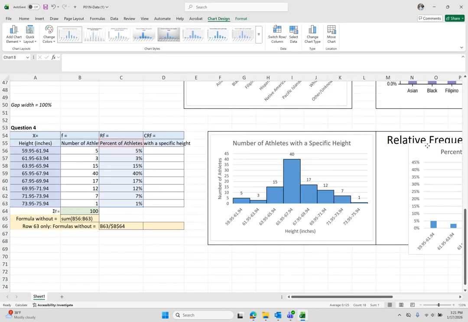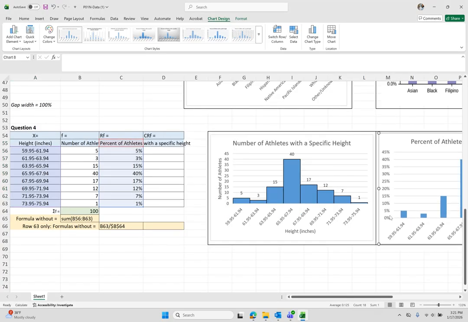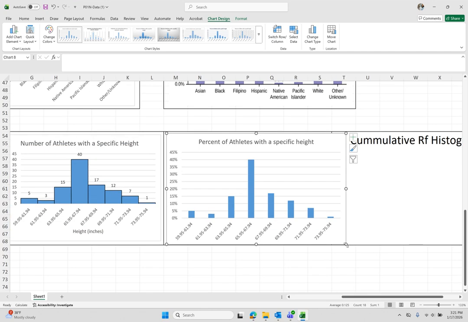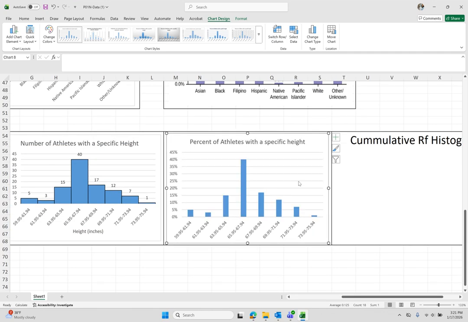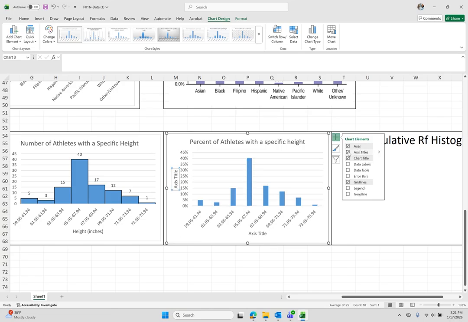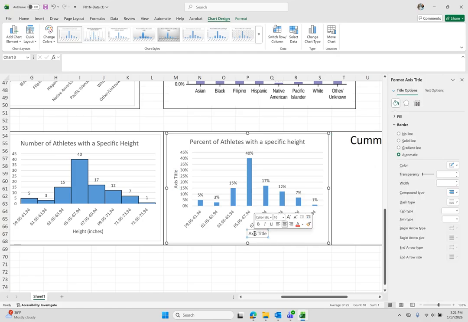I'm going to move it to the desired location. I will resize it. I will add axis, axis titles, chart title, data labels. I will update the axis title to be heights in inches.